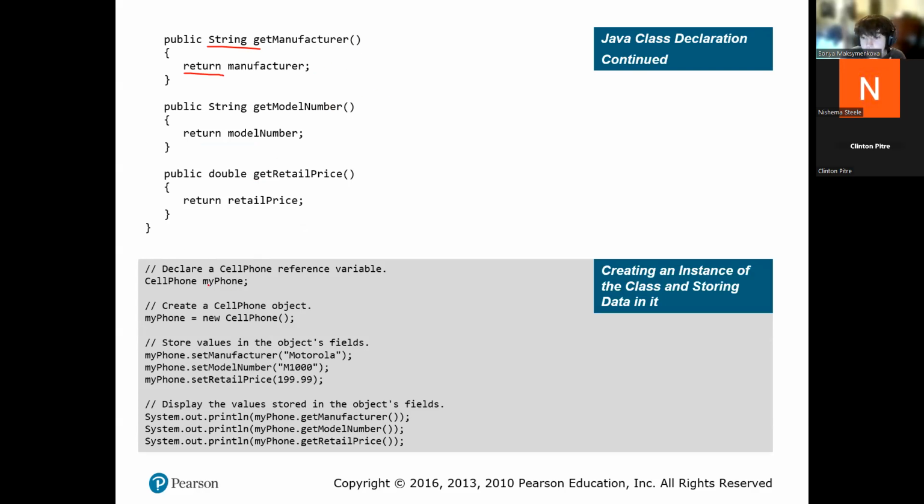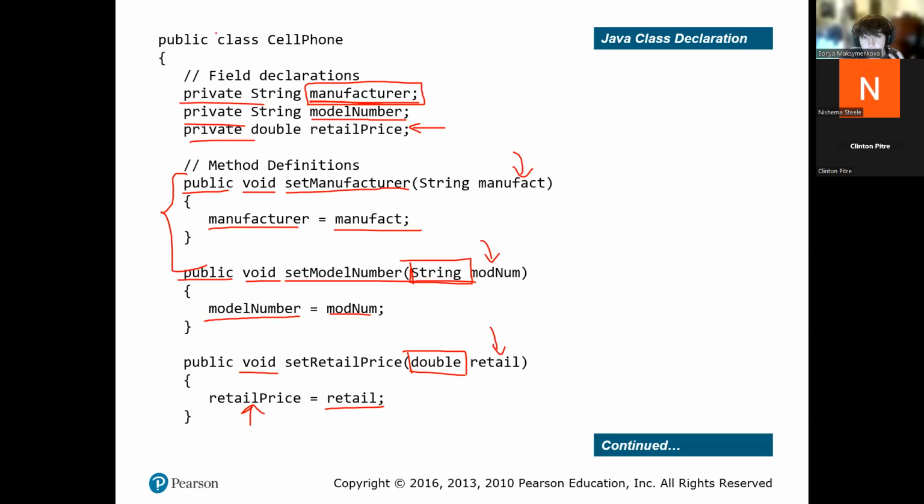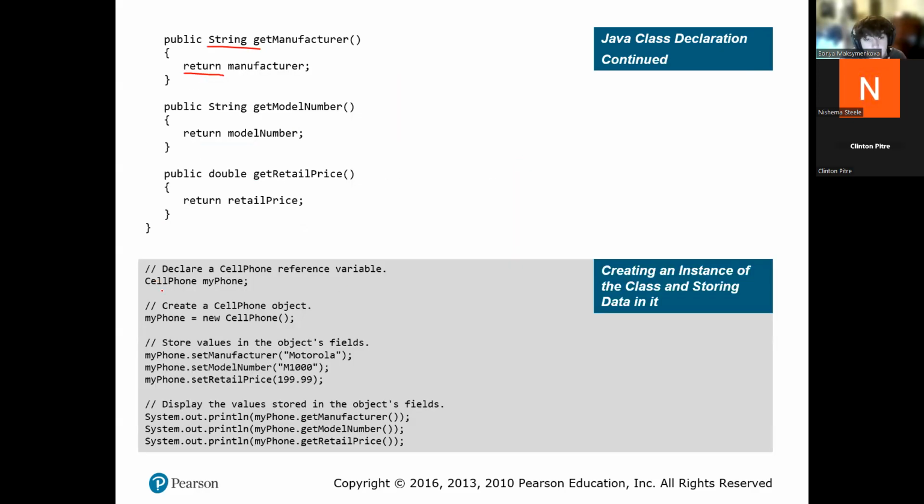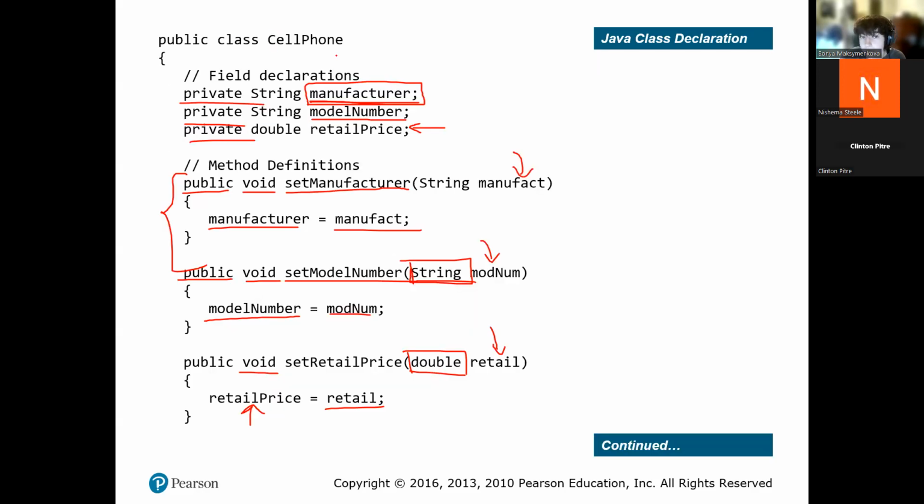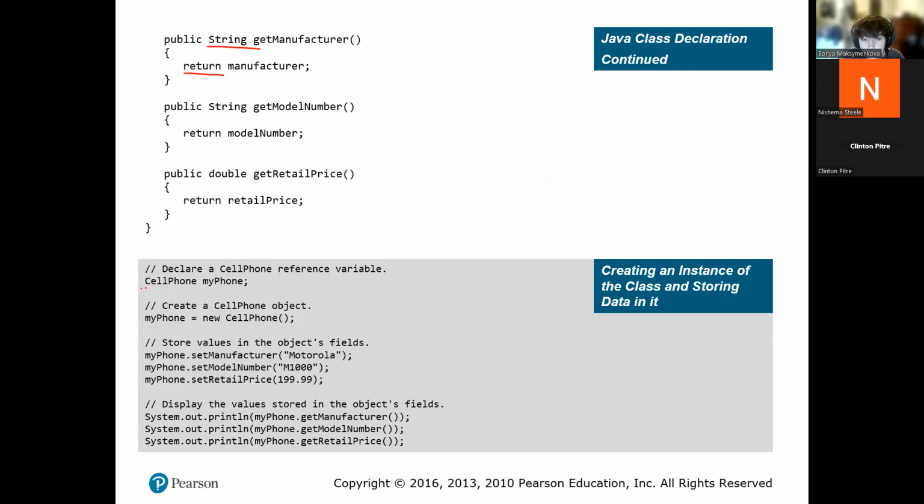And here is what it would look like when you would like to create an instance of your class, of your CellPhone class, of this class. So we need to declare a variable that's going to be referred to our class CellPhone. This is how you do it in Java, CellPhone, and then whatever name you want it to have. In this case, it's myPhone. And then we need to create an object, right?